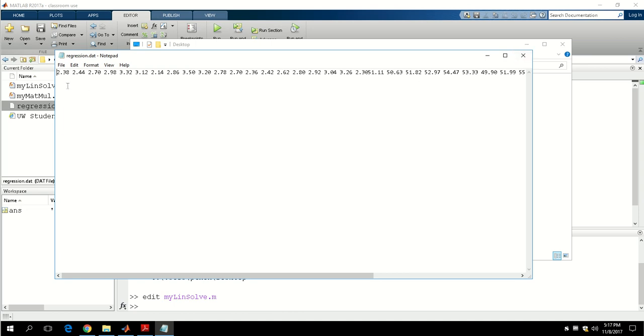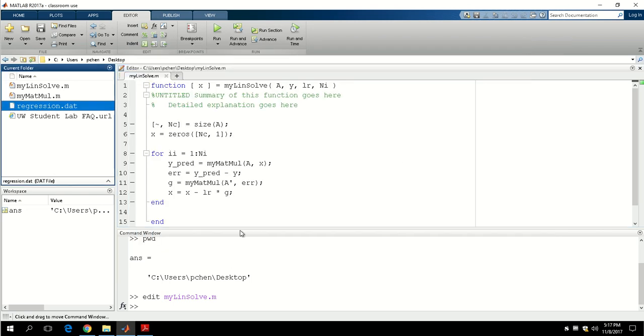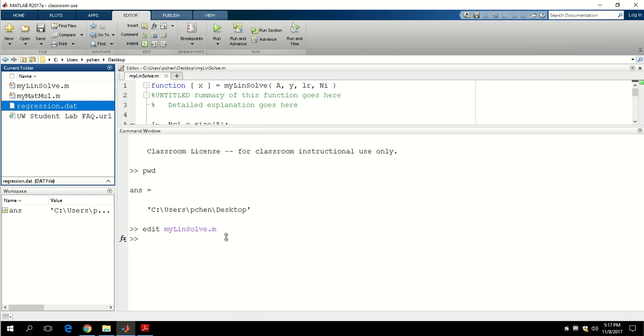For every point we have two numbers, x and y, so 20 points in total. But the lines are not truncated correctly because the file was generated on a Mac, so the newline symbol is not displayed correctly on the Notepad. But once we have imported the data into Matlab, we will be able to see the correct dimension of it.